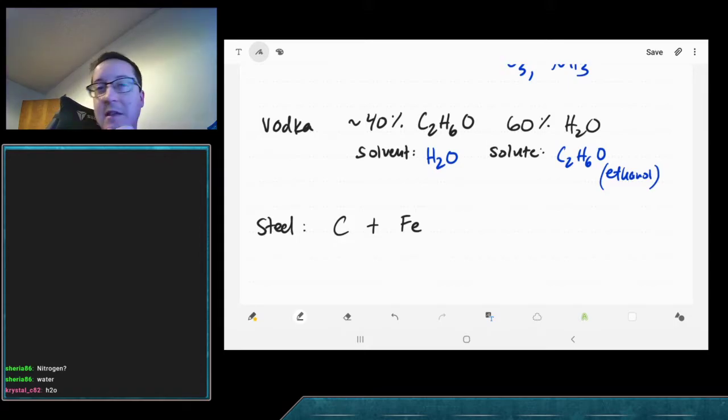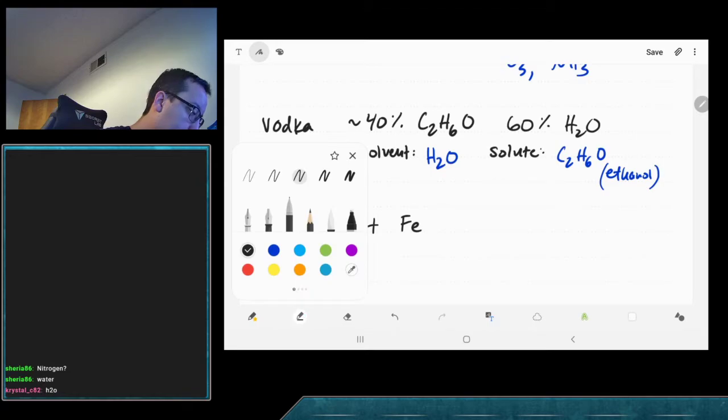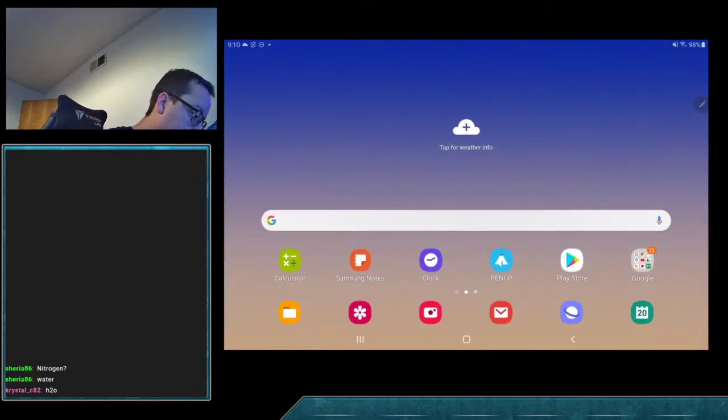So remembering that the solution will have properties more similar to the solvent, which one do we think that one's going to be?